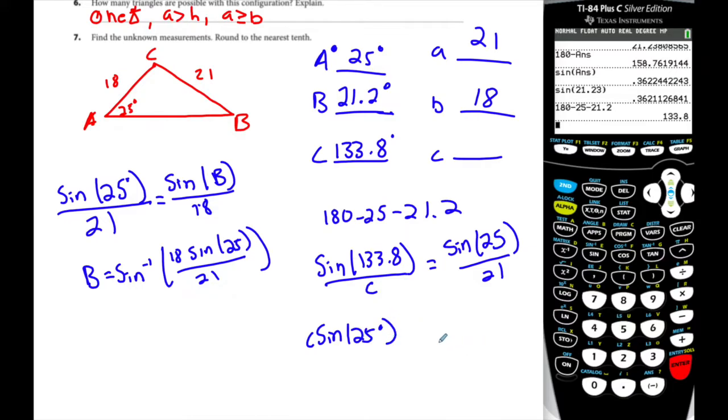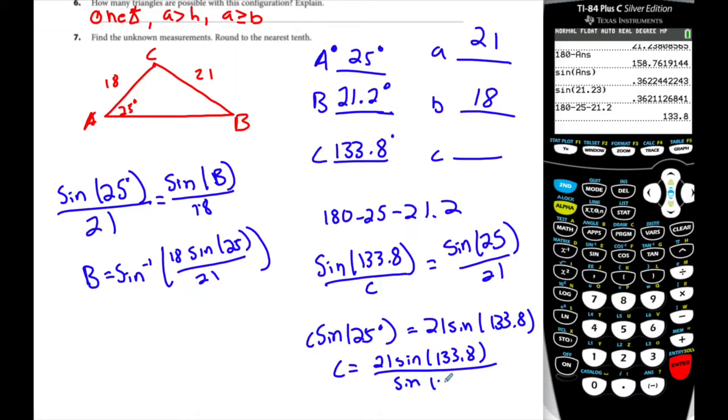So now, when we combine, we get C sine of 25 degrees is equal to 21 sine of 133.8 degrees. And then C is therefore equal to 21 times the sine of 133.8 over the sine of 25.